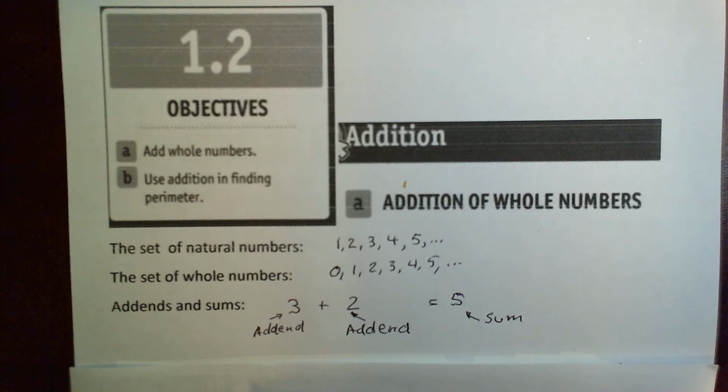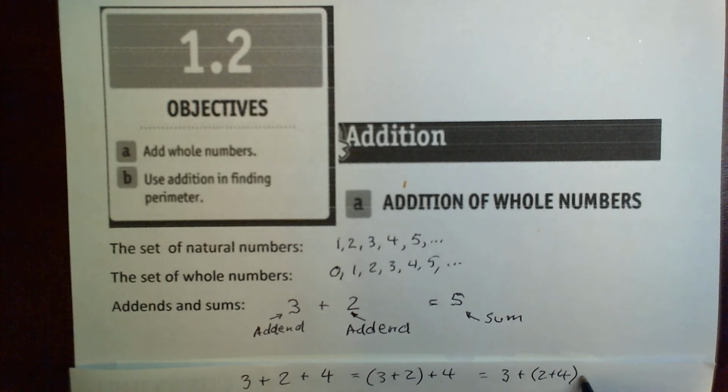And how do we add 3 numbers? Let's say 3 plus 2 plus 4. Well, we can first add 3 plus 2 and then add 4, or we can add 3 to the sum of 2 plus 4.